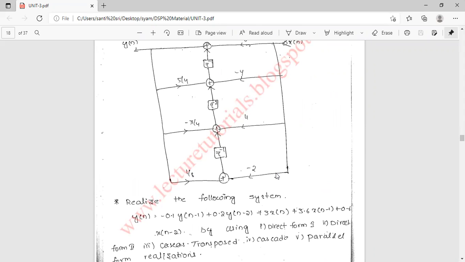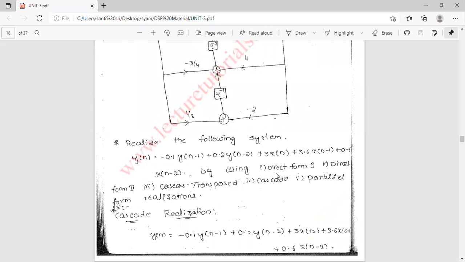Next problem is realize the following system. y of n is equal to minus 0.1 into y of n minus 1 plus 0.2 into y of n minus 2 plus 3 into x of n plus 3.6 into x of n minus 1 plus 0.6 into x of n minus 2, by using direct form 1, direct form 2, transposed form, cascaded form, parallel form realizations.